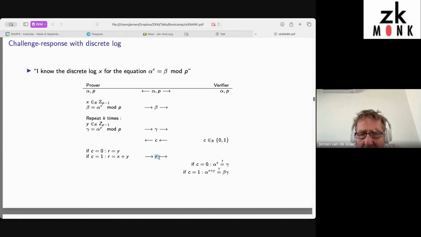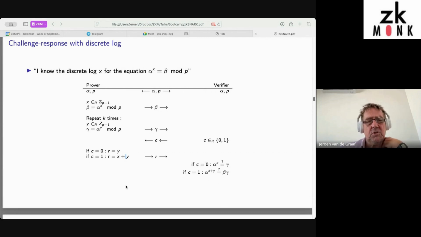Now, alpha to the x plus y is equal to alpha to the x times alpha to the y. Now alpha to the x is exactly beta, and alpha to the power y is exactly equal to gamma. So the check that the verifier does is to see that alpha to the power r, which is alpha to the power x plus y, is equal to beta times gamma.